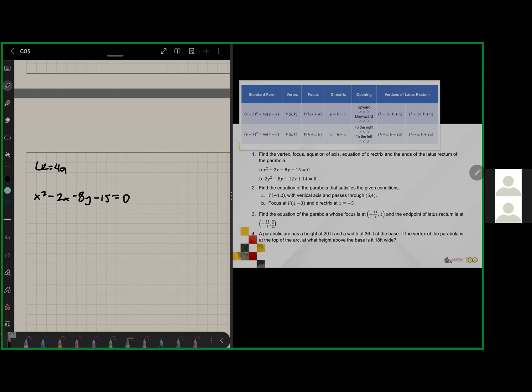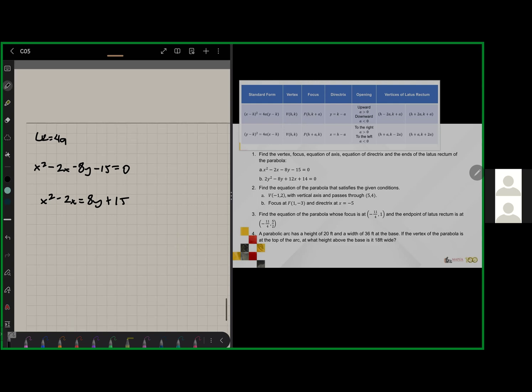If it is squared at x, it is opening on the vertical side or on the y-axis. If the y is squared, then it is opening on the x-axis. So we have x squared minus 2x is equal to 8y plus 15.